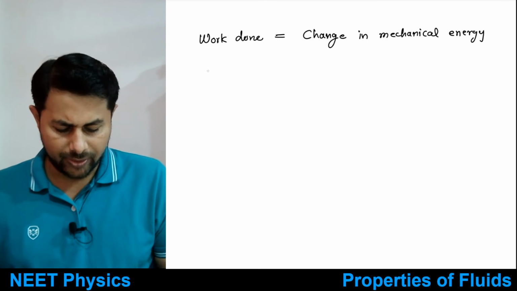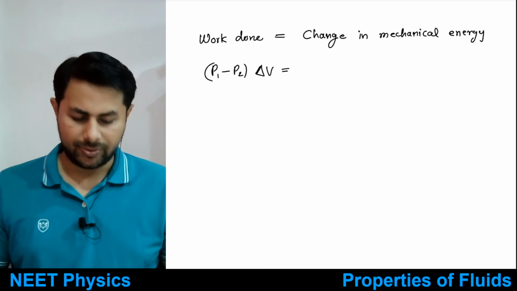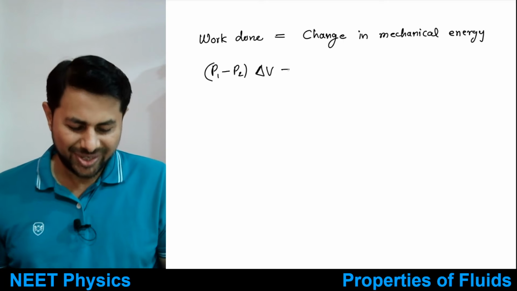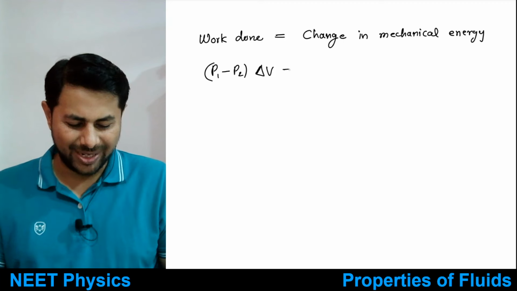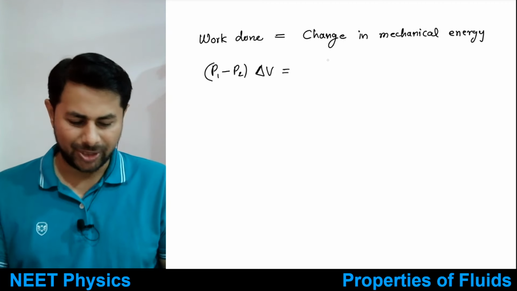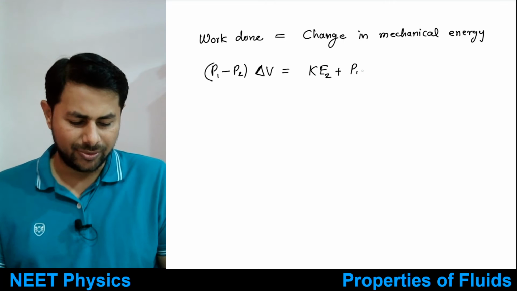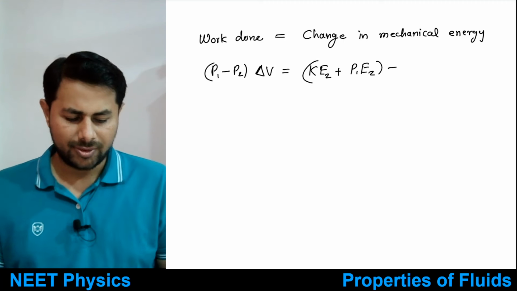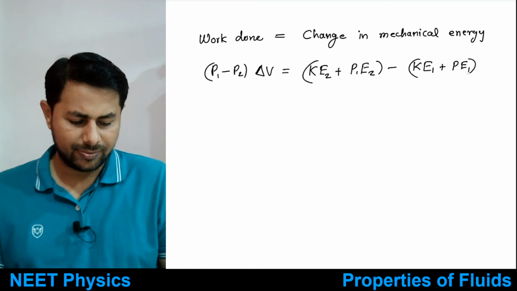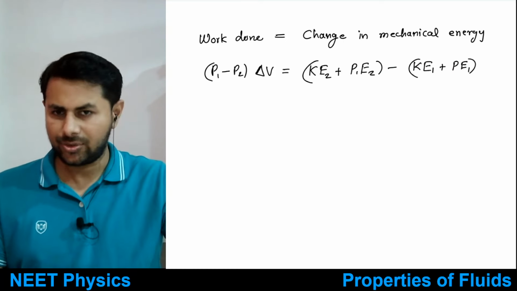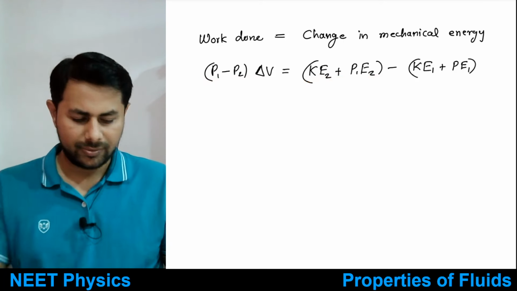So work done is P1 minus P2 times the volume, and it is equal to the change in mechanical energy. So you can say final mechanical energy, which means final kinetic energy plus potential energy, KE2 plus PE2, minus KE1 plus PE1, because its height is also changing, right? Work done is equal to change in energy, right?